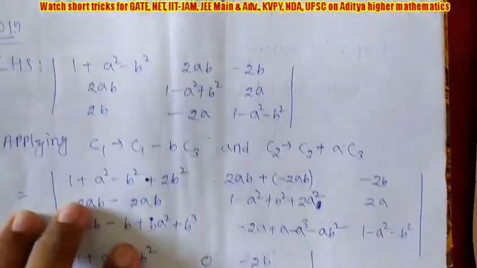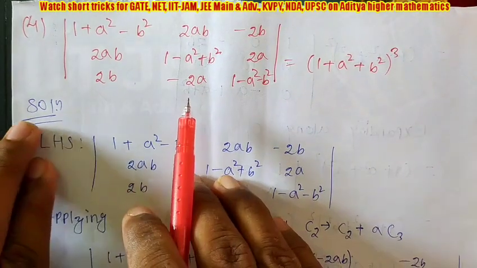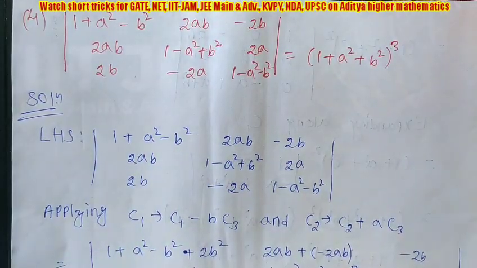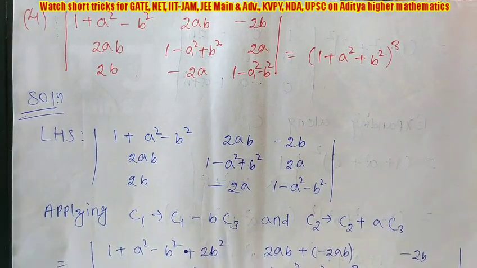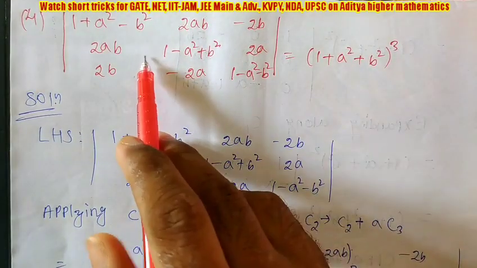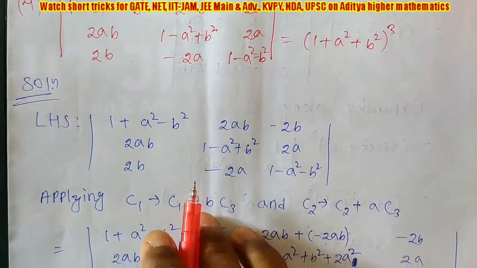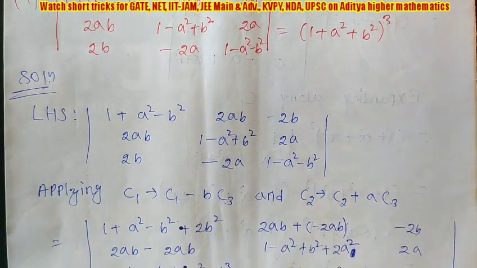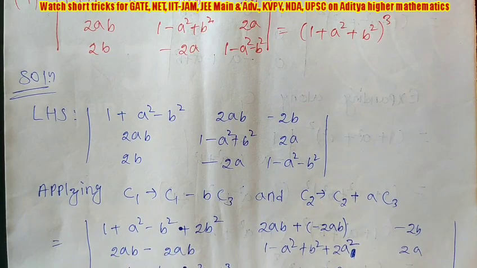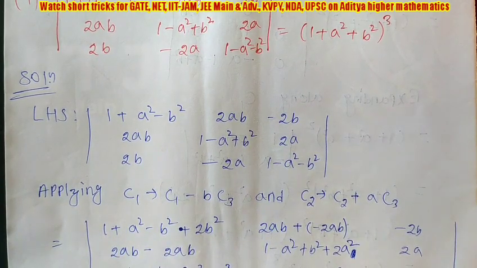Now see the 4th question. Here you are getting something difficult, but I will show how to solve it easily. Take the LHS given. Now here we are not getting any common, so we will first try to make elements 0.